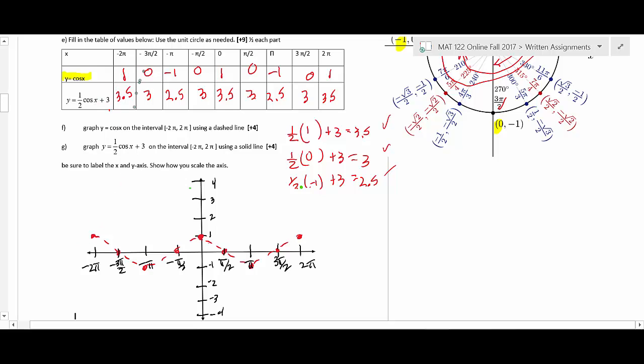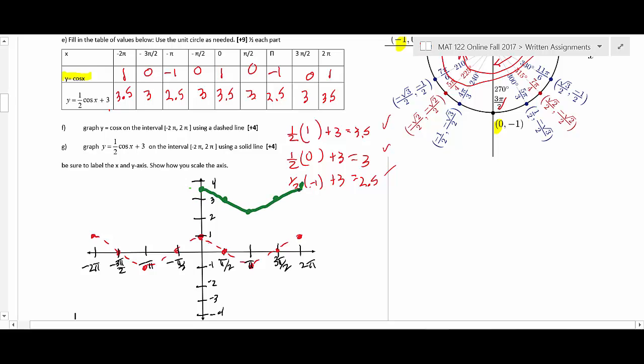So we have a point at 0, we're at 3.5, so I'm going to put a dot there. At pi over 2, we're at 3. At pi, we're at 2.5. At 3 pi over 2, we're back to 3, and then back to 3.5.